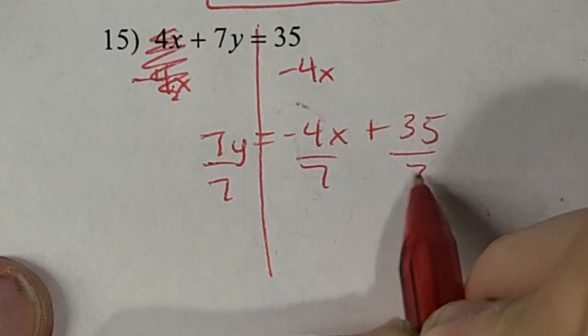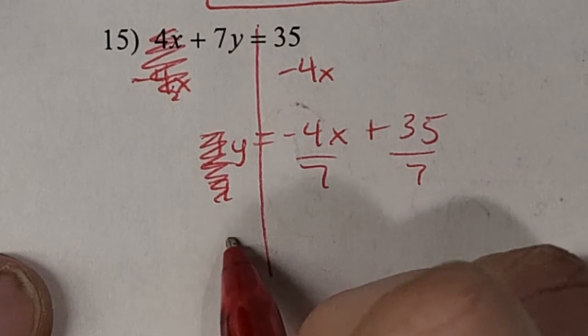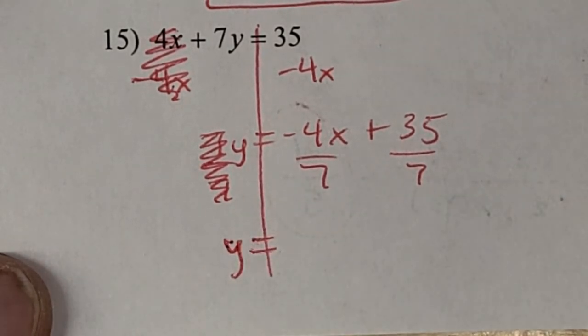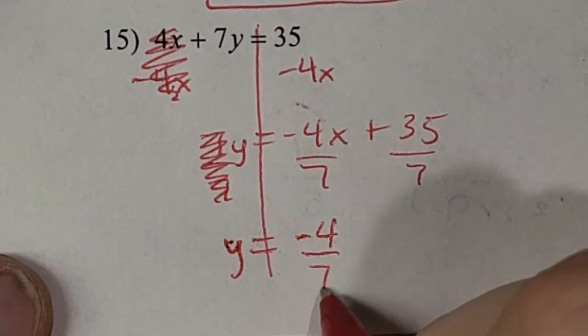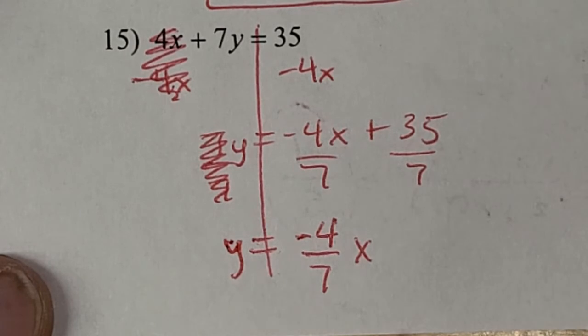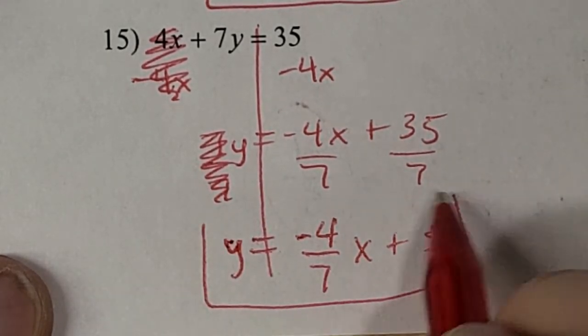Now don't forget, notice when I'm dividing every single piece individually. That is very important. Y equals negative 4 over 7. There's nothing I can do to make that simpler. 35 divided by 7, on the other hand, is a positive 5.